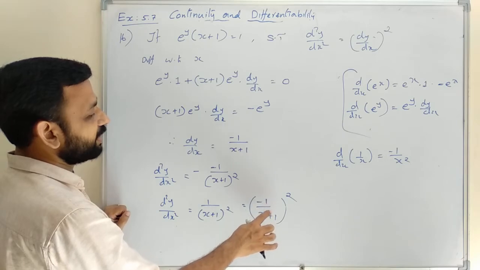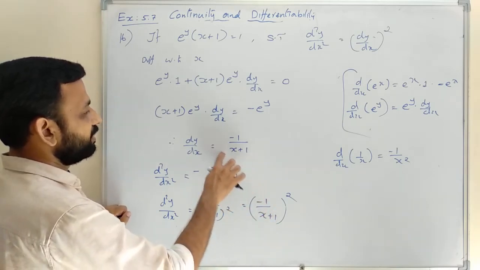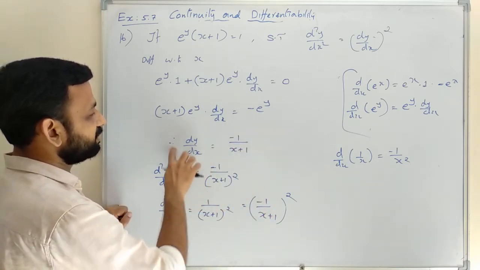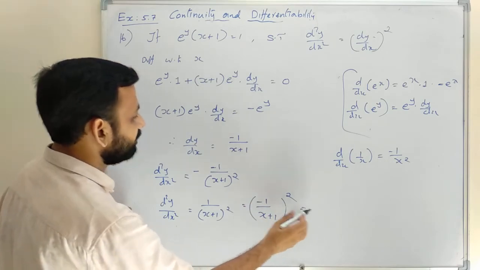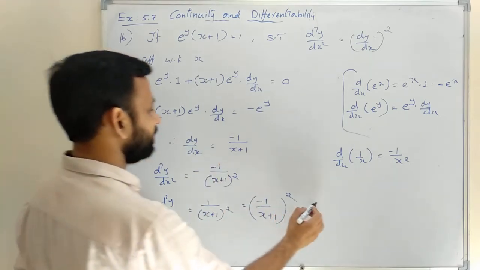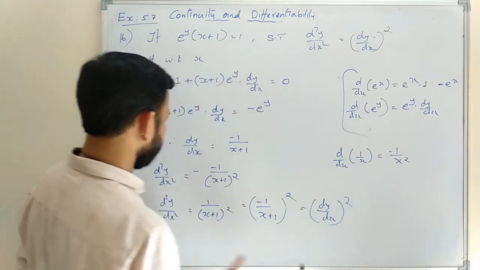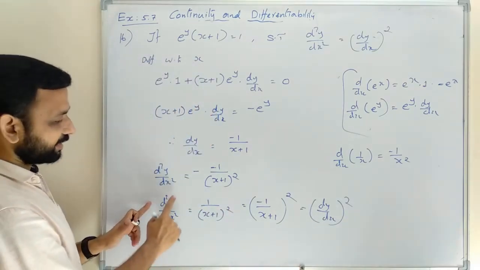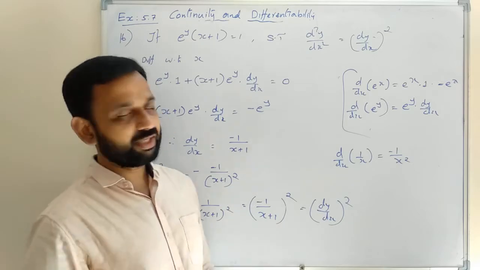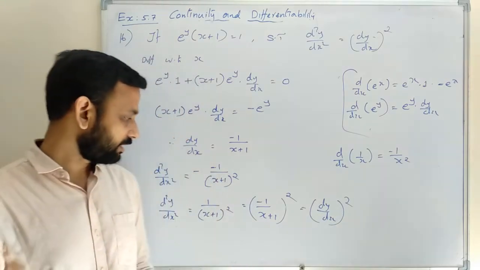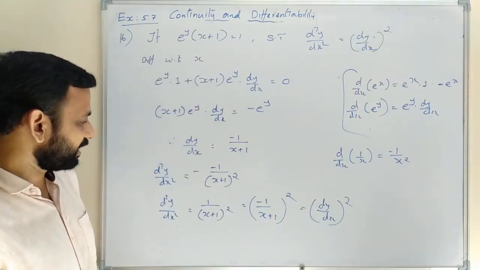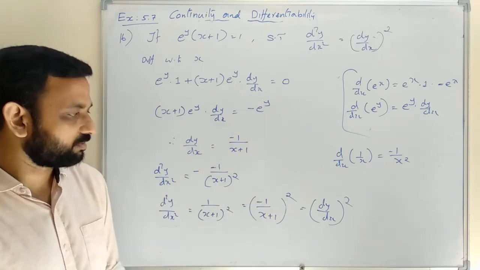So this minus 1 upon x plus 1 is dy by dx. So we can replace minus 1 upon x plus 1 by dy by dx whole square. So now we got d square y by dx square equal to dy by dx whole square. So we got the result: d square y by dx square equal to dy by dx whole square.